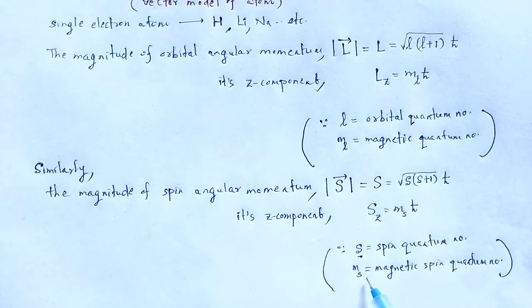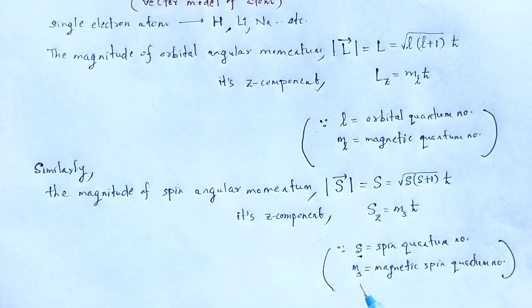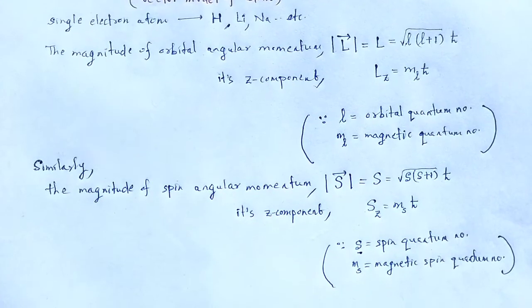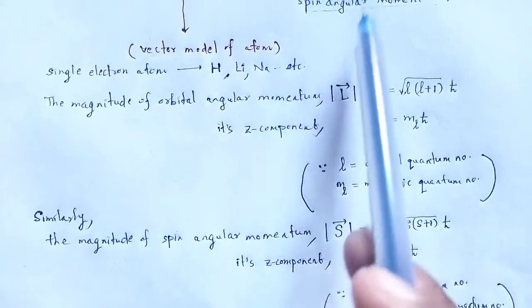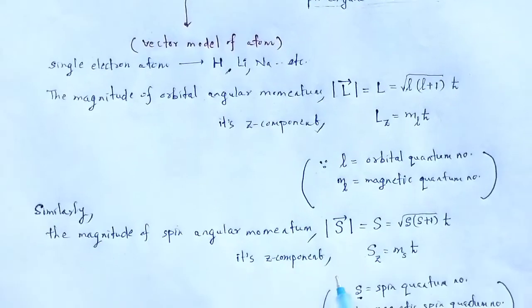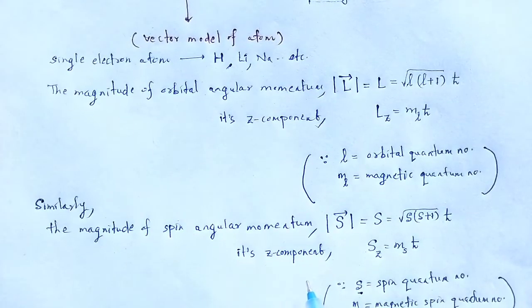The ms value will be plus half and minus half. This is for orbital angular momentum, and that is for spin angular momentum.